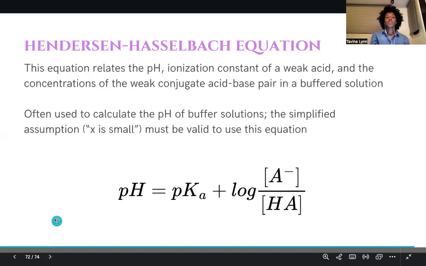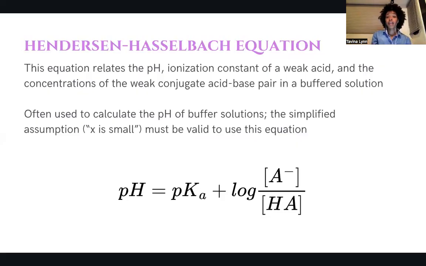This equation relates the pH, the pKa, which is just the negative log of the ionization constant, and the concentrations of the weak conjugate acid-base pair in a buffered solution.